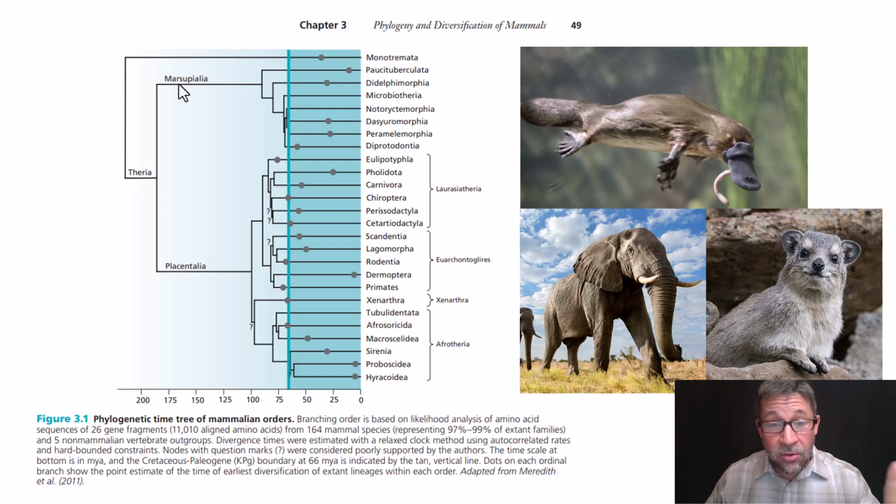The other thing I'll point out, lastly, is when we start to map out who's related to who using molecular systematics, sometimes some very curious relationships emerge. And so, as an example, this is the elephants right here, and then the Hyracoideae are the hyraxes. So, if you look here, the most recent common ancestor to the African and Asian elephants, which are the only elephants that are still around today.